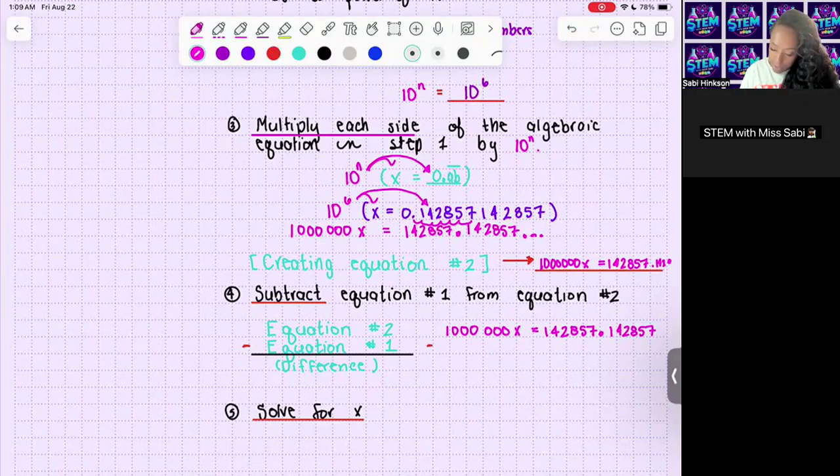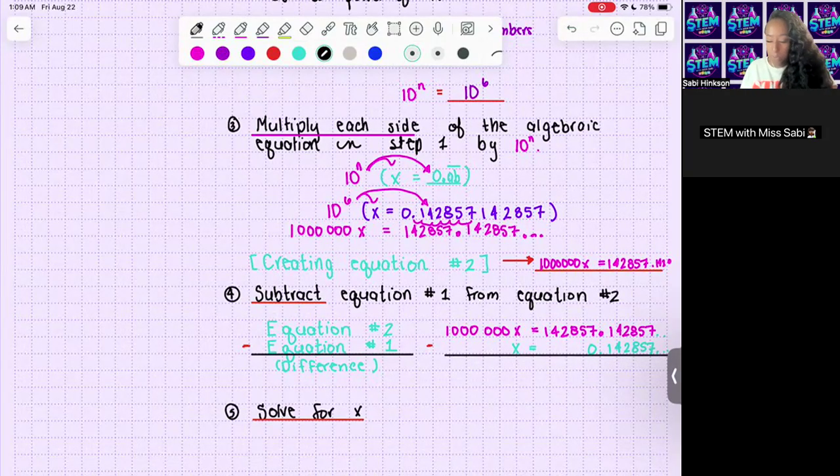Then we have x is equal, let me change that color so that we can see that they are 2 different equations. So x is equal to 0.142,857, and we know that on the top and the bottom, that is repeating.